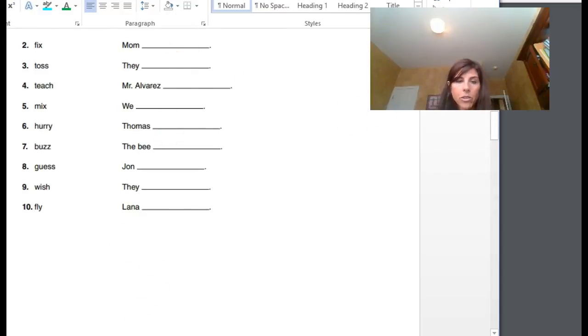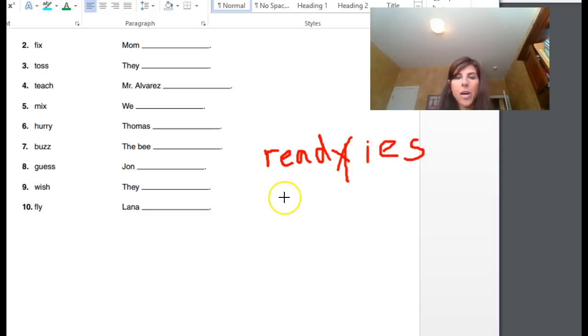We could take a look at other words that end in y, such as ready. We would drop the y and add i. Yes, he readies. He readies himself. Not a word that usually is used there.